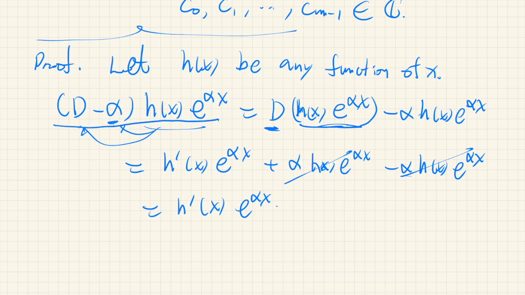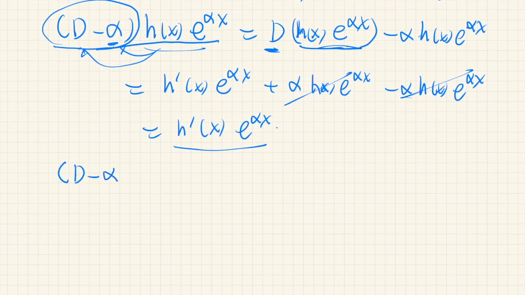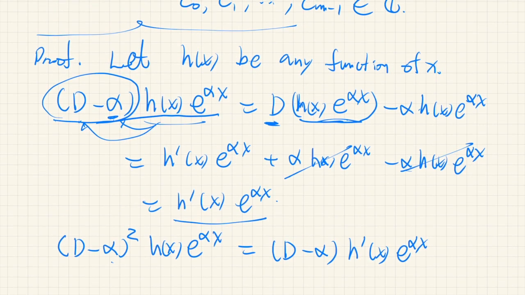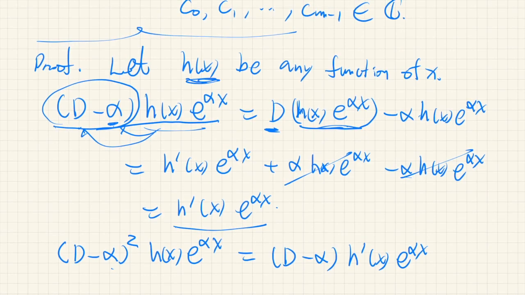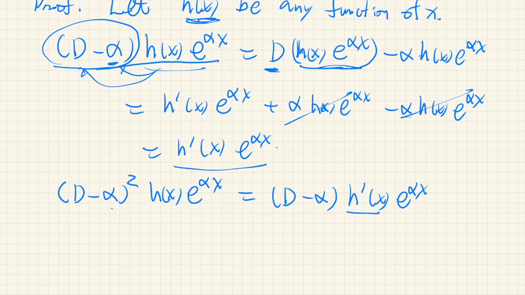So this is equal to this. And if we apply this operator again to both sides of this equation, then on the left-hand side we have (D minus alpha) squared h(x) e^(alpha x). But here we have this. Here h is an arbitrary function, so h prime is again an arbitrary function.